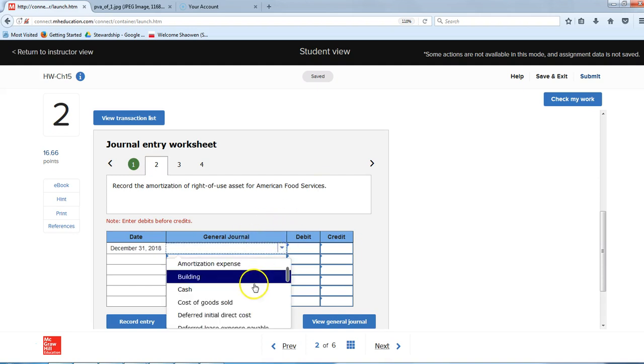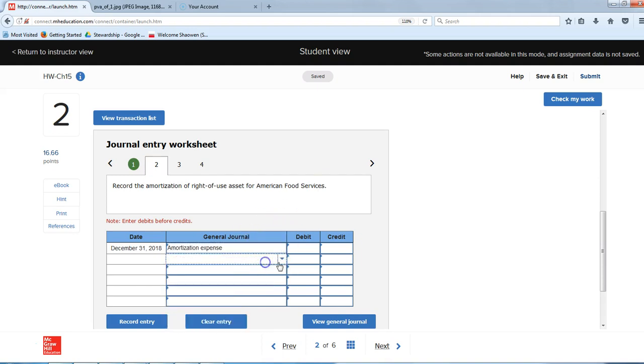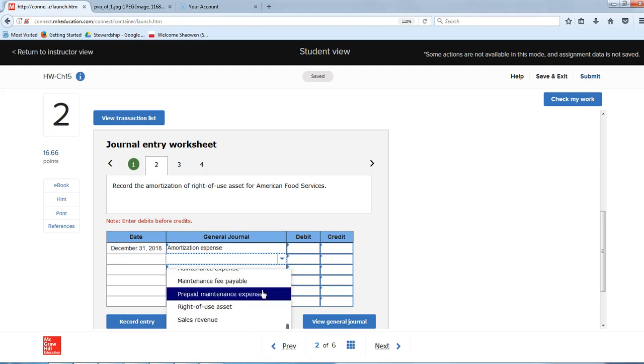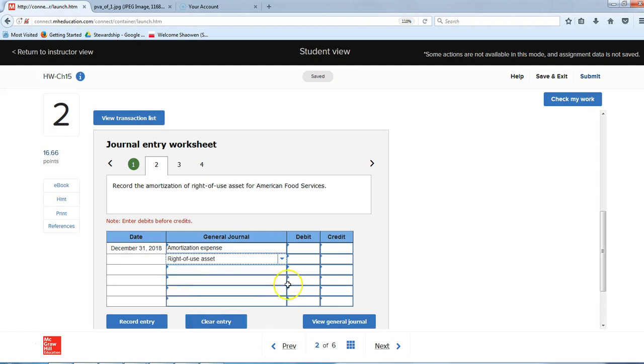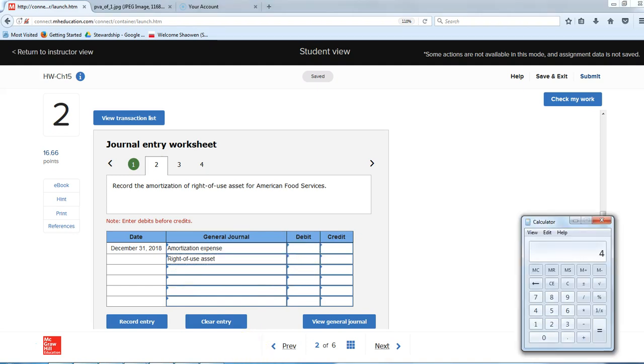We have amortization expense and decrease the right of use asset. And the calculation is $4 million of this right of use asset divided by 4 years of lease term. There wasn't a residual value. So each year we are amortizing this asset by $1 million.